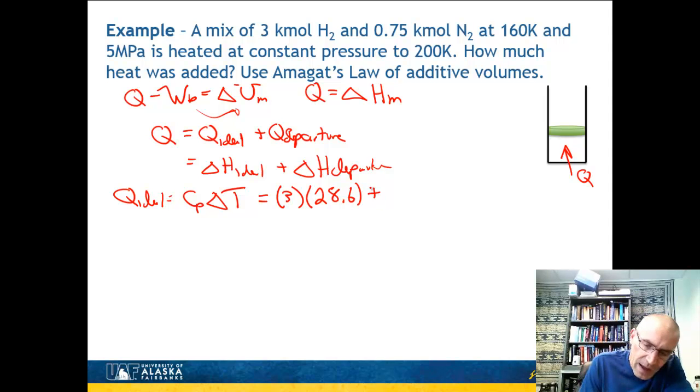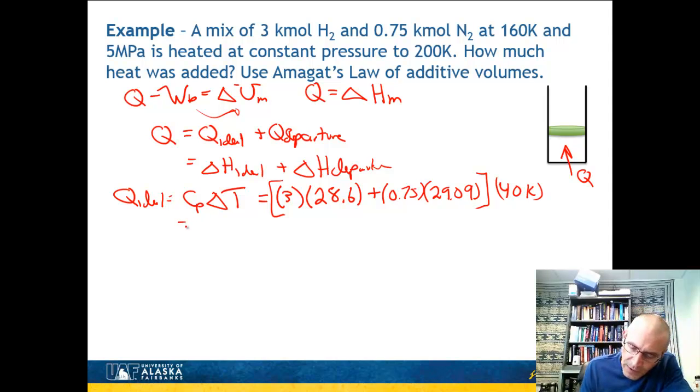And then I'm going to add my 0.75 for the nitrogen and its Cp, which is 29.09. And then I'm going to multiply both of those by my delta T. It's going from 160 to 200, so that's times 40 Kelvin. And that value ends up being equal to 4305 kilojoules.